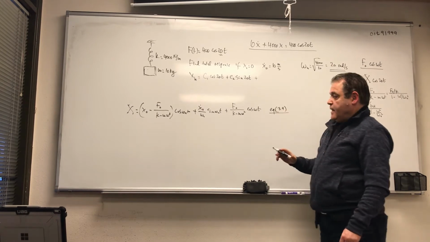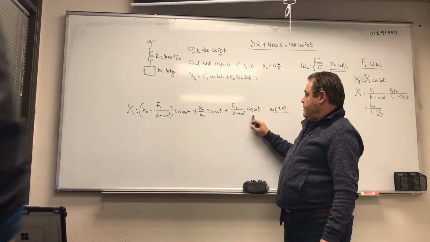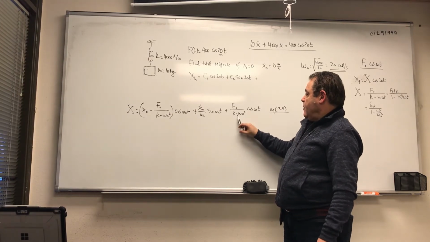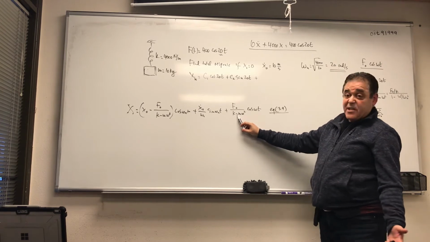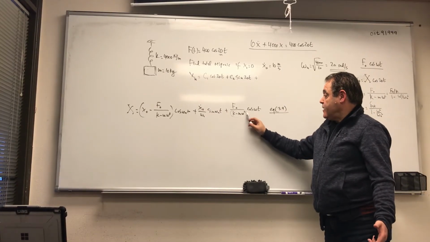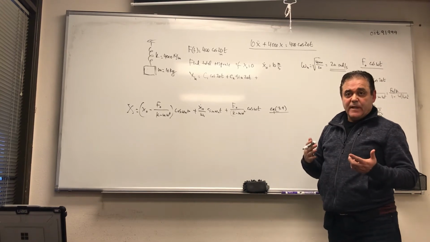Okay, now, everything here is fine, right? But the problem is when omega is equal to omega n, this darn thing goes to 0. And we cannot have something divided by 0.